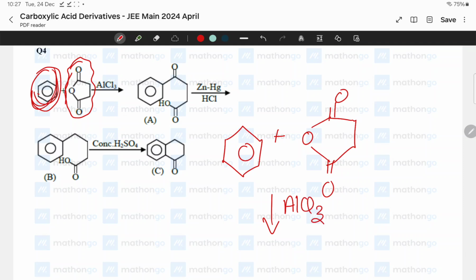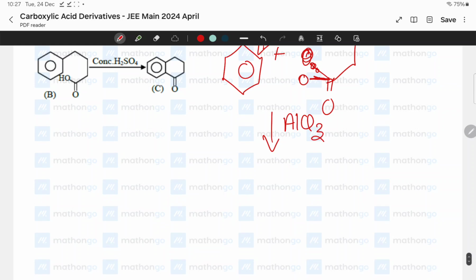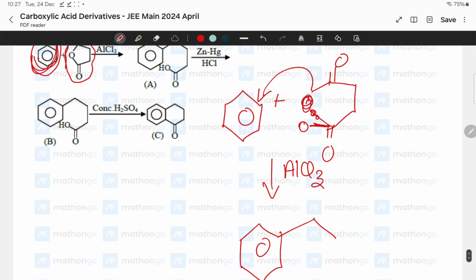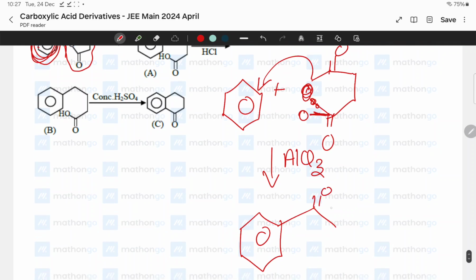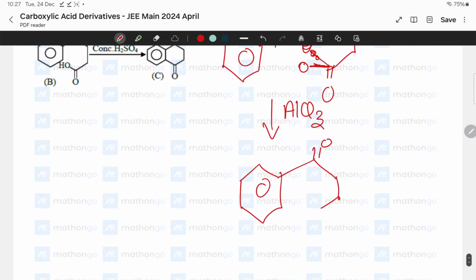You know that this is like a Friedel-Crafts reaction itself. So what happens is that this O will be splitting from here. So we will be having a different thing here, and the O will be going here. Now this will go and join anywhere in this ring, and we'll get 1, 2, 3, 4, 5. Double bond OH. This will be the compound formed.